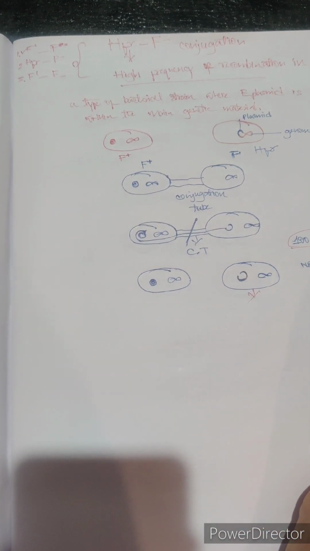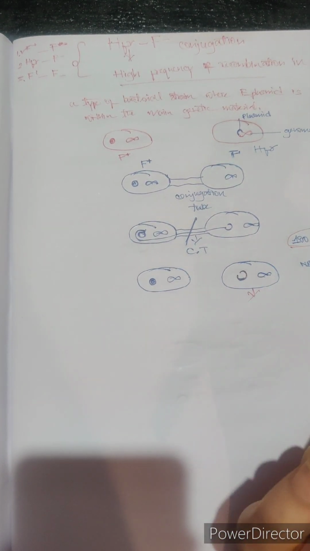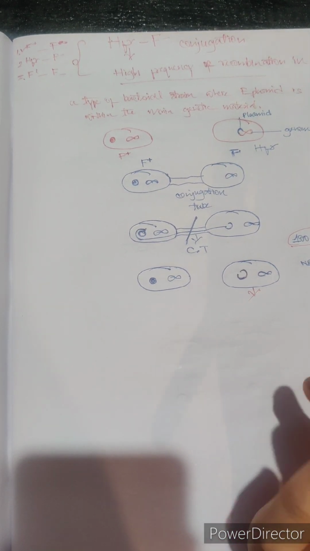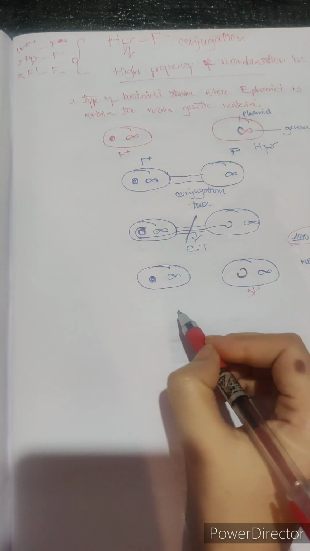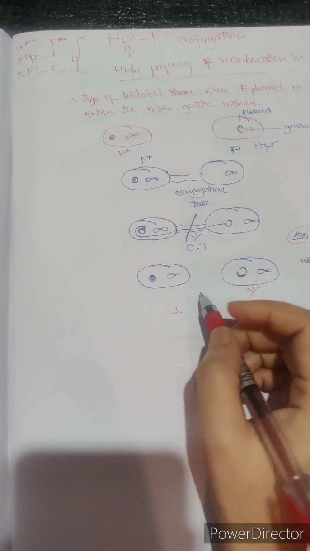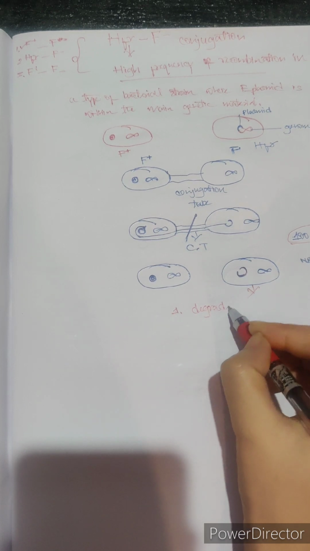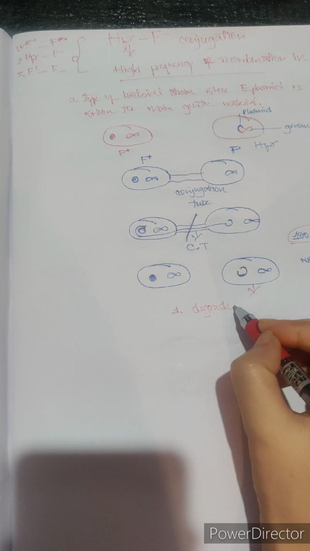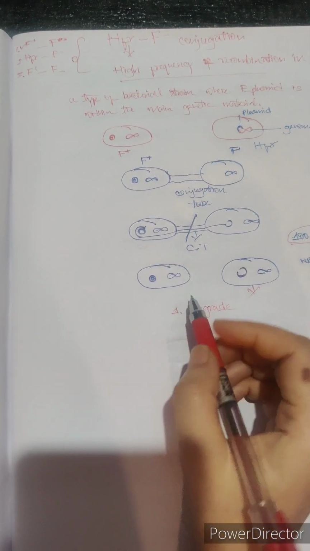Afterward, the fate of this incomplete plasmid can possibly go two ways. First, because of its incompleteness, it tends to degrade. One possibility is that it will degrade because of its incomplete transfer.